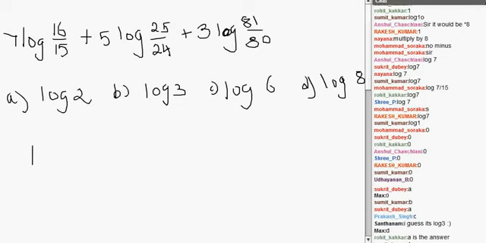Initially we have to apply the power rule. So I'm going to write directly 16 power 7 by 15 power 7. You all agree with this?